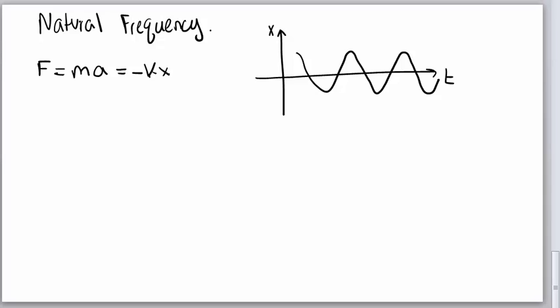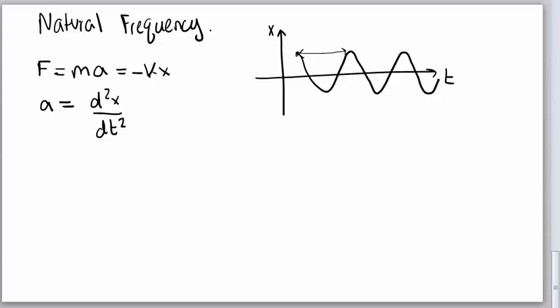And we know that force is equal to mass times acceleration is equal to minus kx. So the question that we're asking here really has to do with what is the frequency of this sinusoidal oscillation, right? What is the period of this sinusoid, or the frequency of that sinusoid? So we know that force is equal to mass times acceleration, and we also know that acceleration is equal to the second derivative of displacement, d2x dt2.